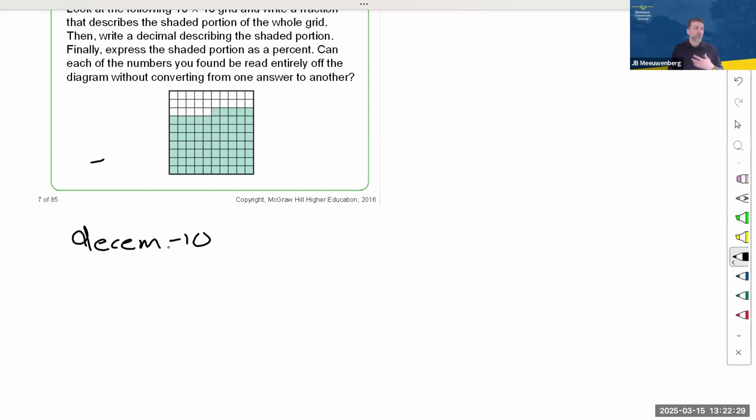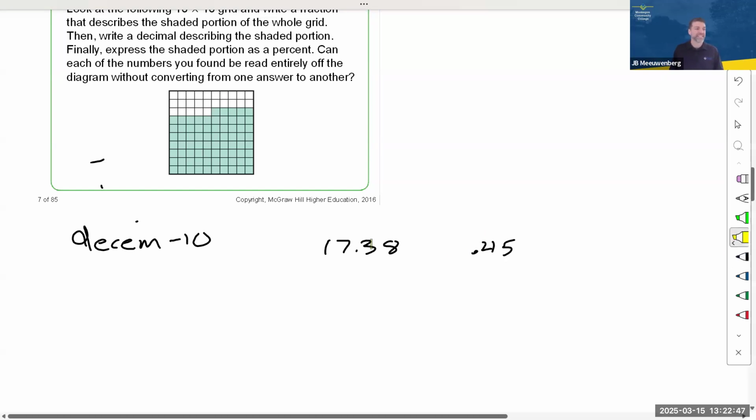But usually we're referring to numbers like 17.38 or 0.45. Usually we're referring to those as decimal numbers when they have a decimal point in them, right? When we see a decimal point, that's what we usually think of when we're talking about a decimal number.